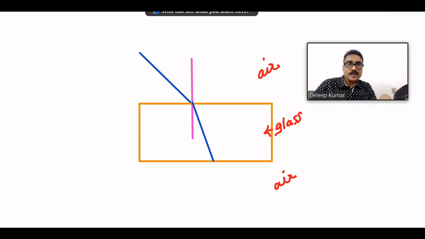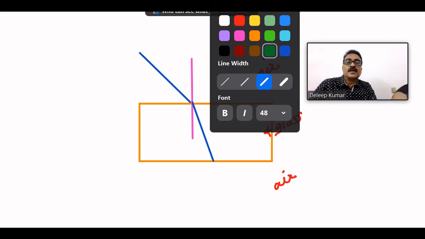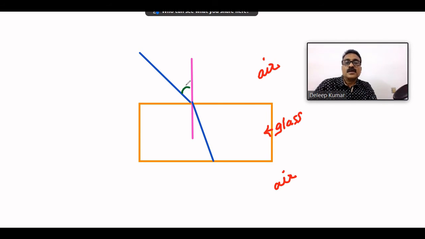So two angles are here. This is the angle of incidence, and this is the angle of refraction. Up to this, I hope it's clear for you. But you have to extend this line.